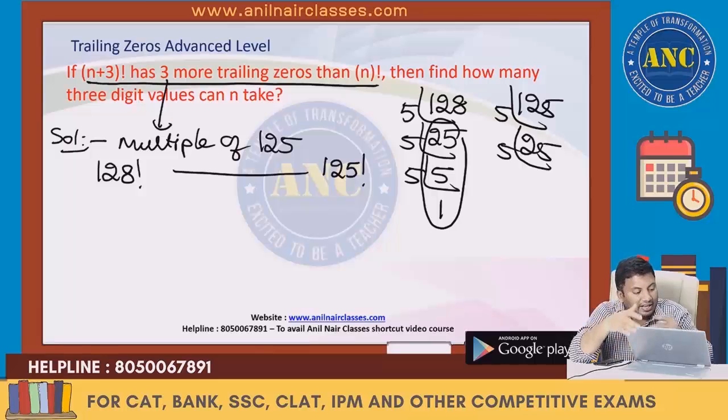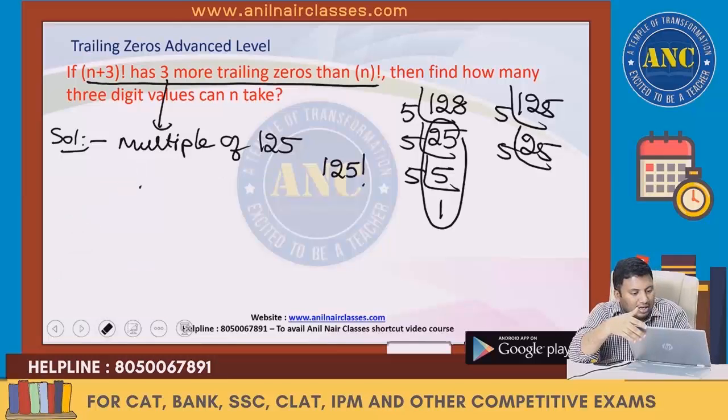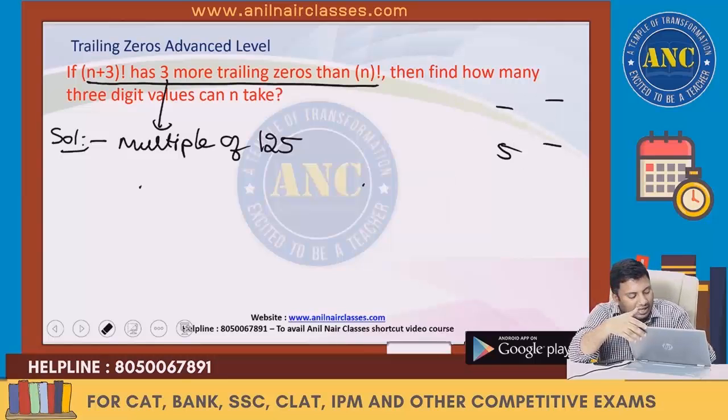Again it is n plus 3. So the mistake which we did is we are giving it to n. We should give it to n plus 3. I hope the idea is clear. Good that I did this so that you will not do that mistake.